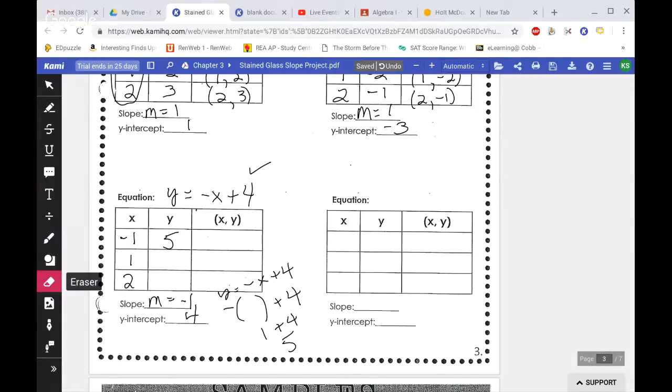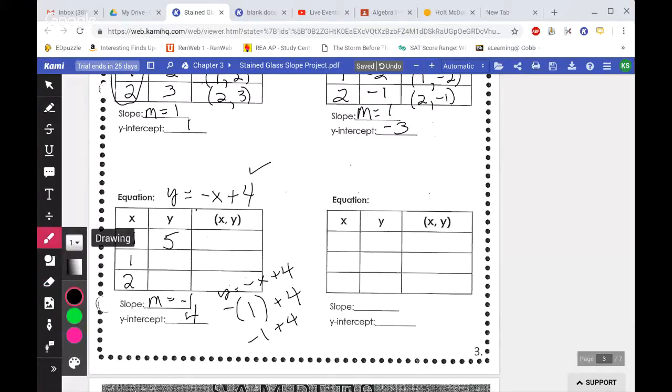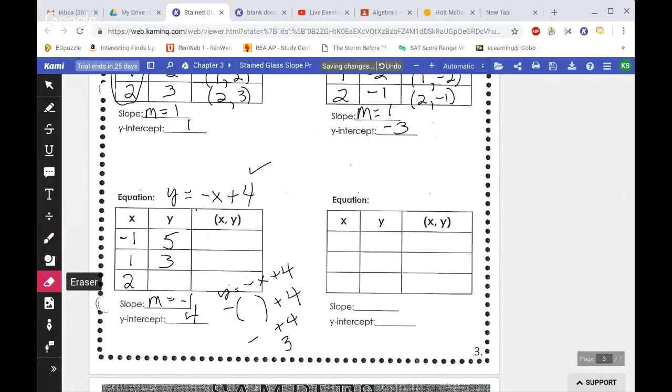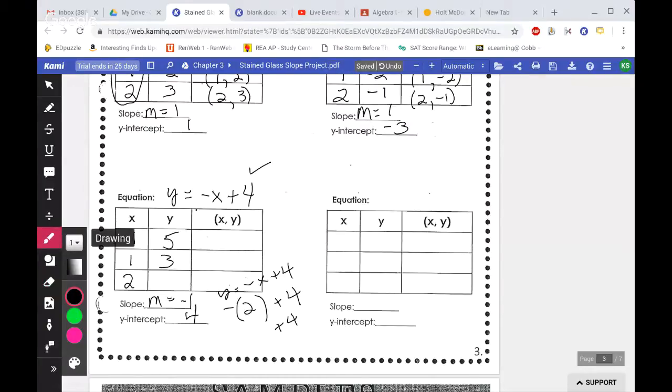And now I'm going to plug in 1. So that's going to be -1 plus 4. So that's going to be 3. And then I'm going to plug in my 2.